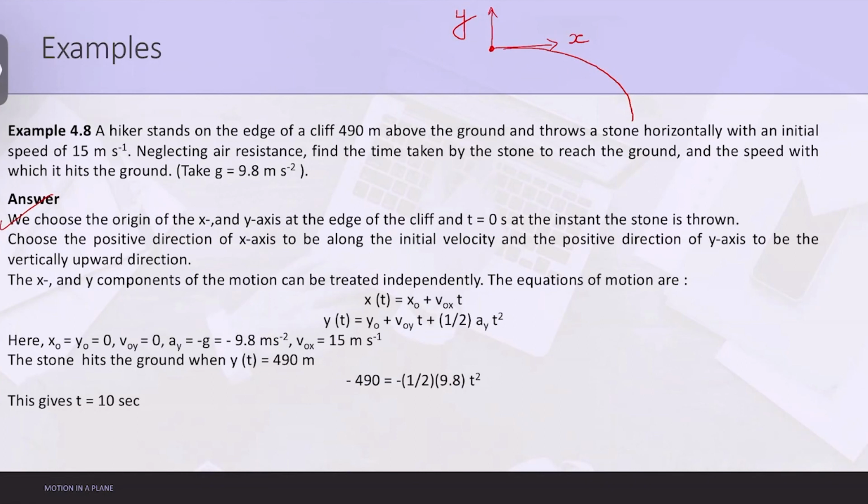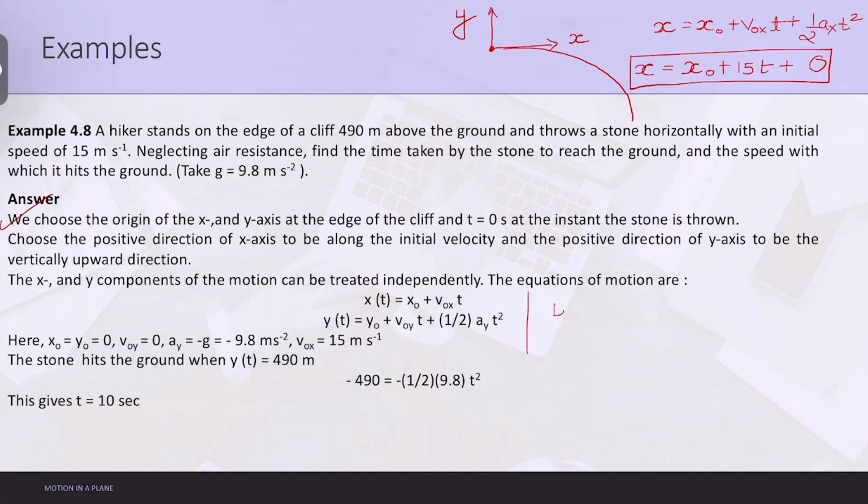So the equation of motion becomes what? x, that is displacement, is equal to x naught plus v naught x t plus half a x t square. Therefore x becomes initial displacement x naught plus v naught x, which is 15 this time, into t, plus a x which is 0. This is the first equation we obtain.